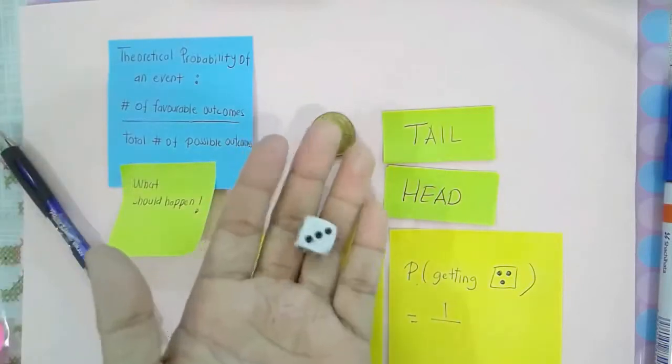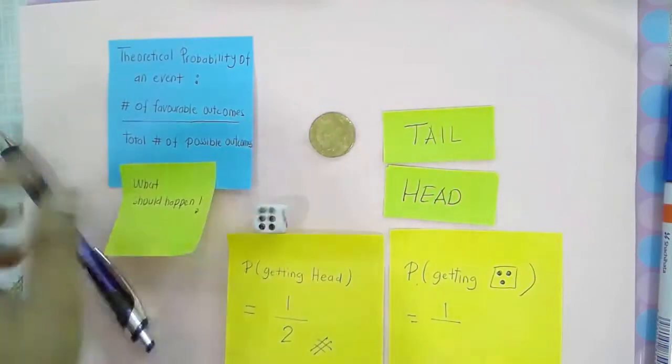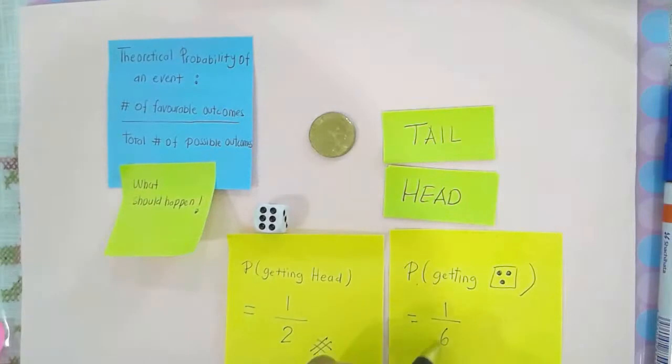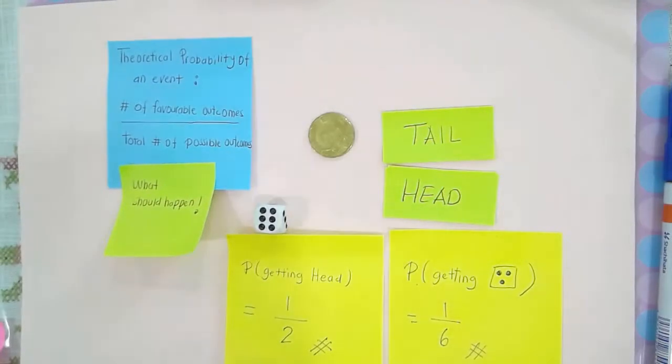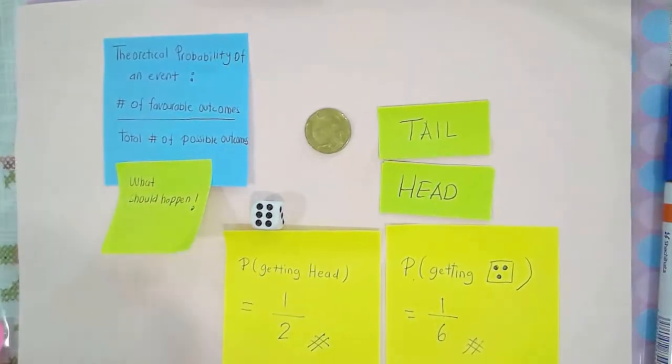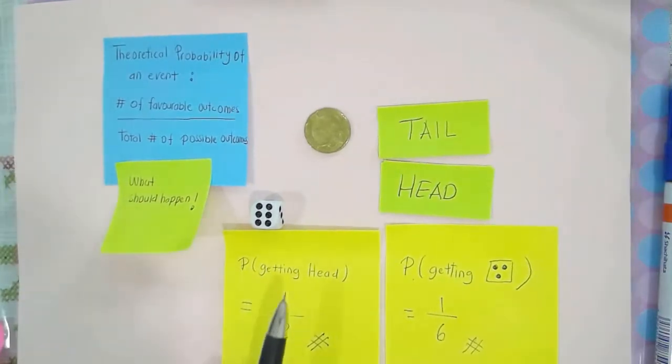Since you have 6 numbers, you have 6 possible outcomes. So, the probability of getting 3 is simply 1/6. These are two simple examples of the application of theoretical probability of an event.